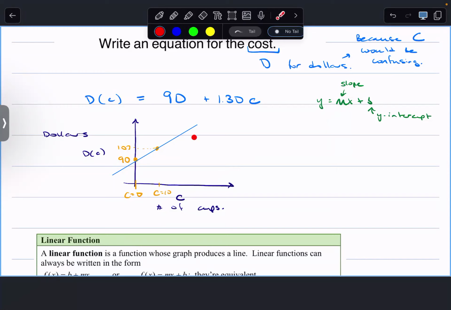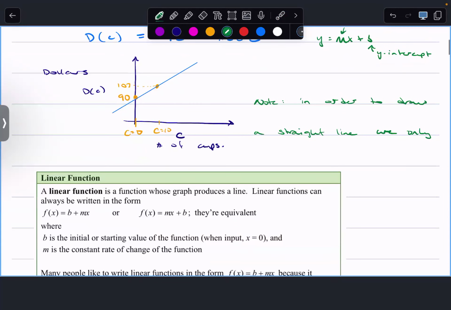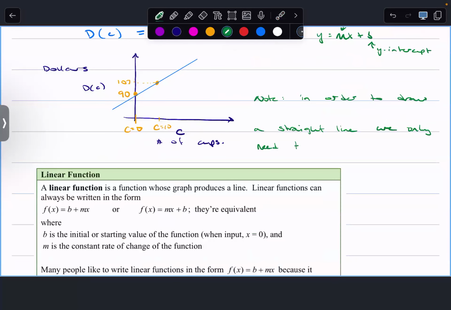That's nice. So now this is the dollar cost for all the cups, right? So now we have this linear function. And one thing to note, in order to draw a straight line, which is a linear function, we only need 2 points.